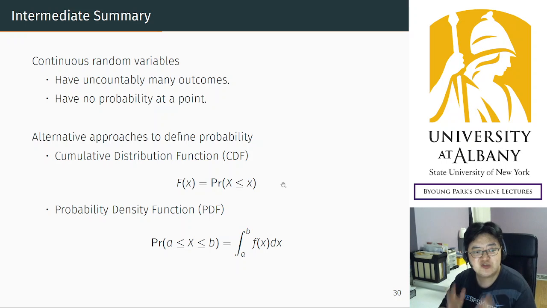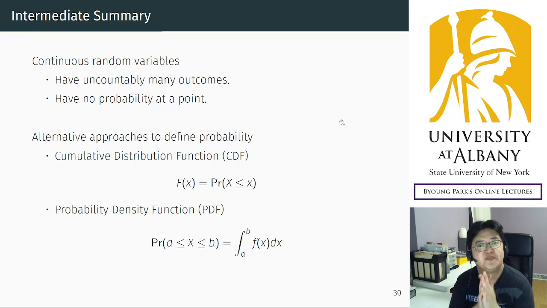These two different approaches are equally important. Both are important, and they have pros and cons; one is better than the other in some cases. So I'm going to show you how we can utilize them in the normal distribution case.